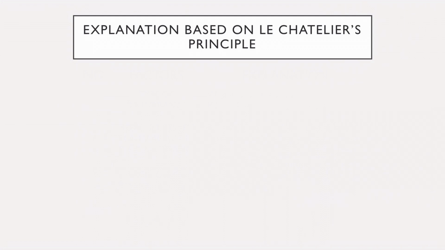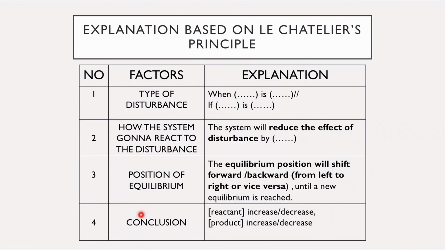So this is just a structure on how you can explain when we apply Le Chatelier's principle. First you state the type of disturbance. So when the concentration of reactant is increased or decreased, then how the system is going to react to the disturbance. The system will reduce the effect of the disturbance by how? And then you state the position of your equilibrium, in order to reduce that disturbance.